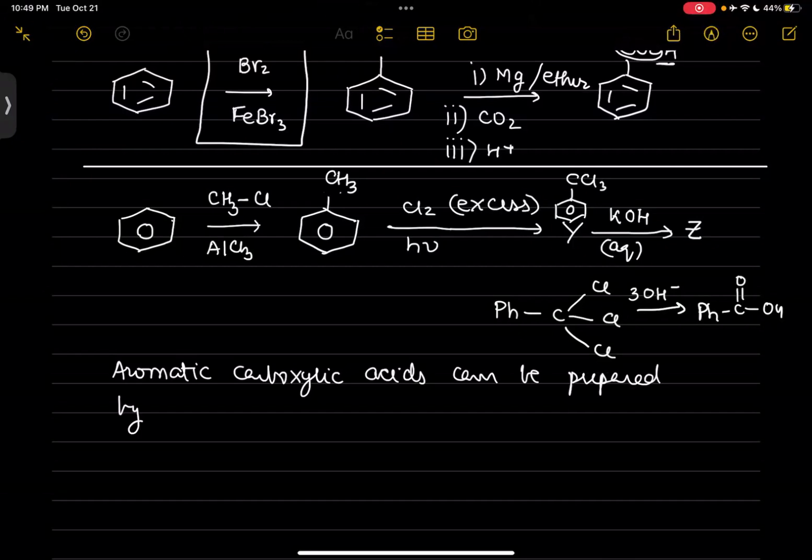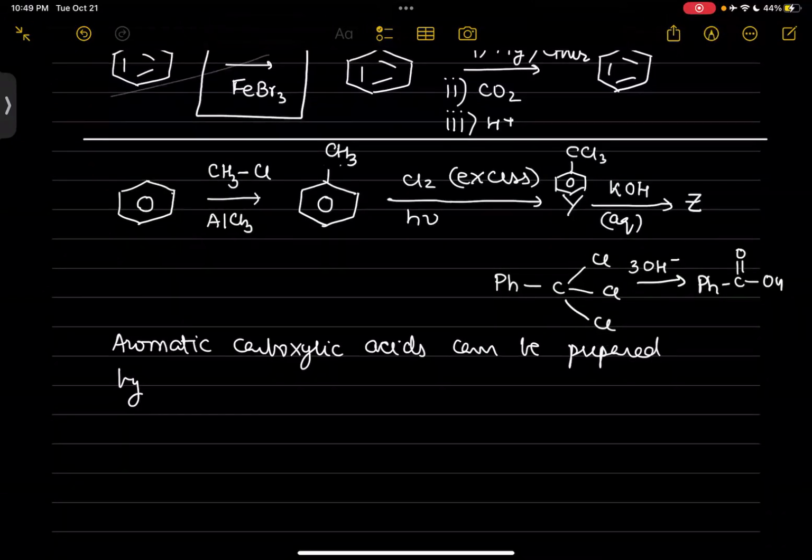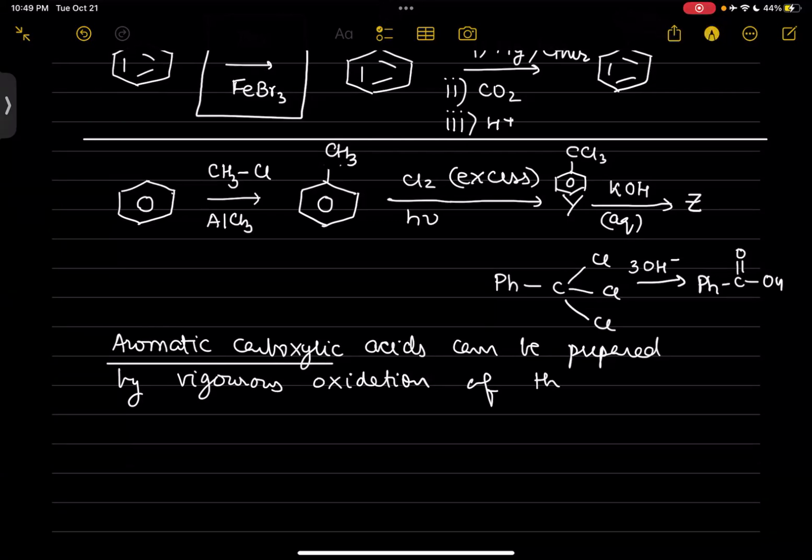Aromatic carboxylic acid can be prepared by vigorous oxidation of the alkyl side chain.